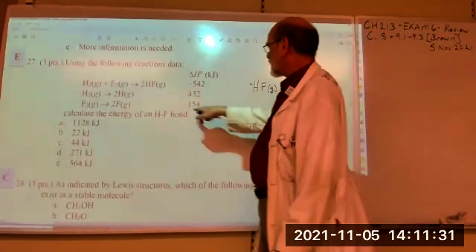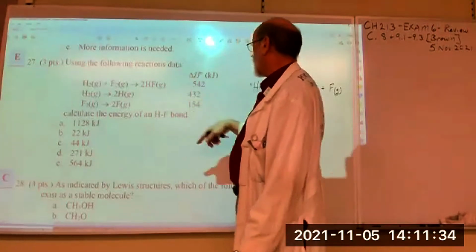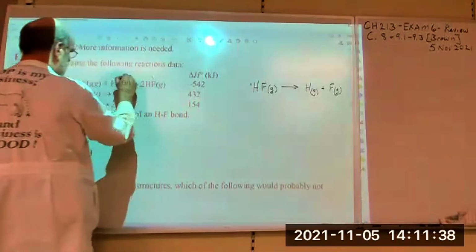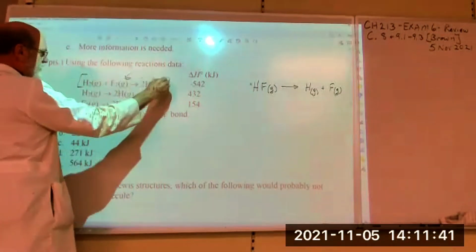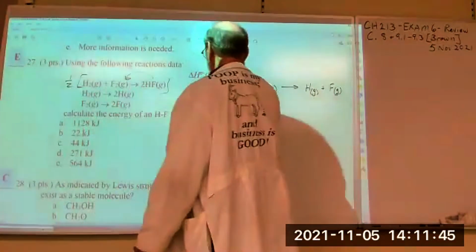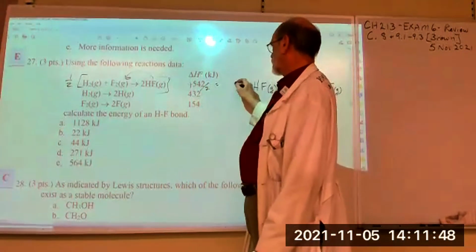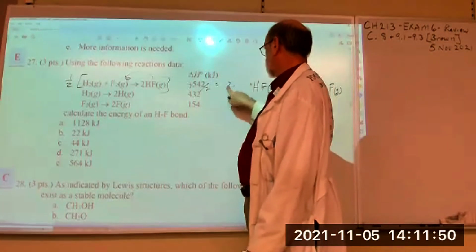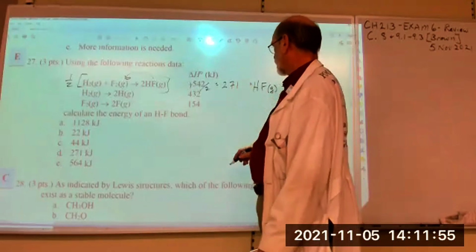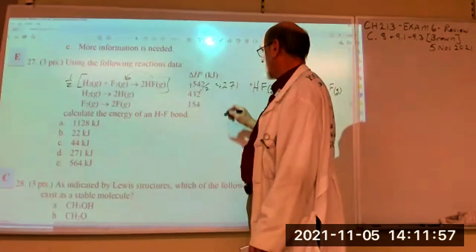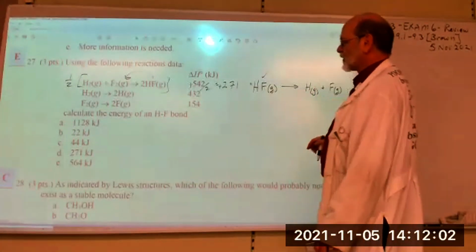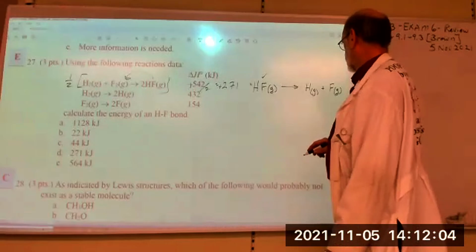So let's see. We've got an HF here, but it's on the wrong side. So if we take this one and flip it, and then take half of it, then that would change this sign, divided by 2. Right? So it'd be 271, a positive 271 here. So that would give us HF on that side. But it would also give us half H2 on this side.